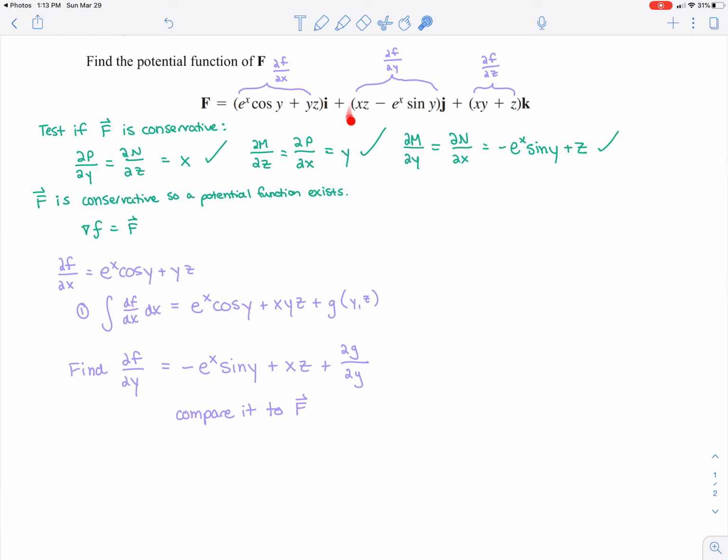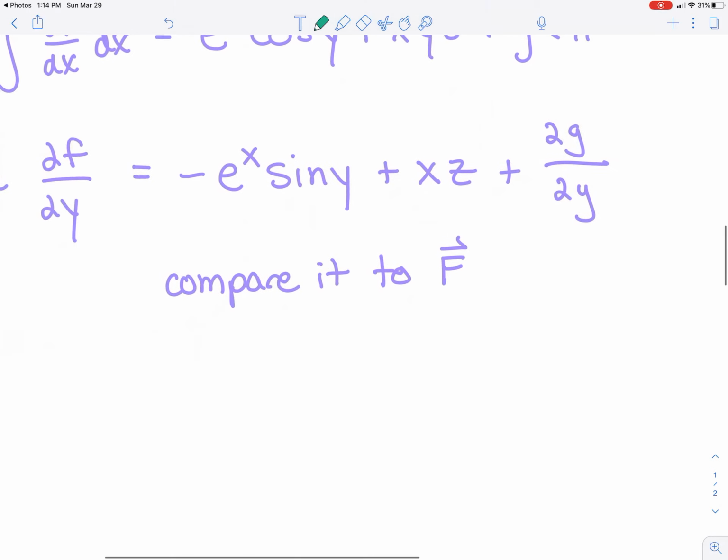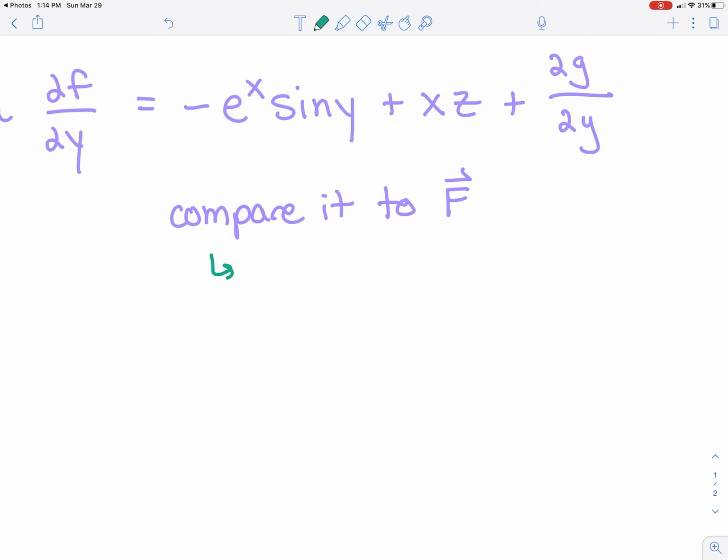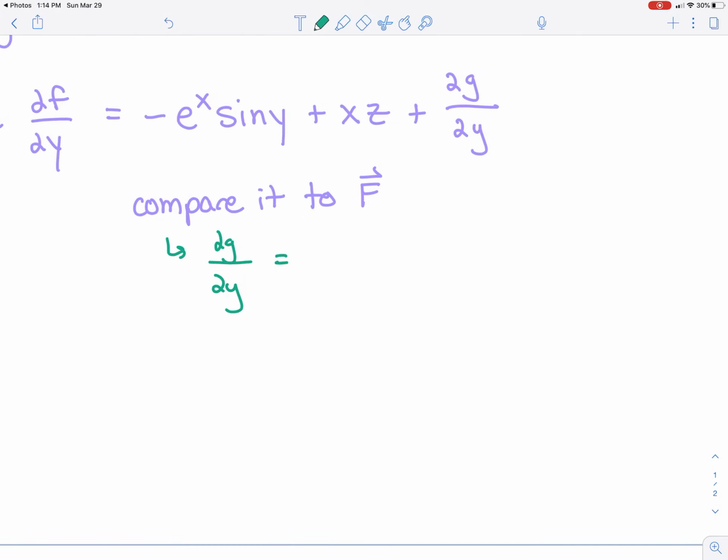In this case it's xz minus e to the x sine y. So this told us that the derivative of g with respect to y is equal to 0. So after comparing, we know dg dy, so that function in terms of y's or z's, must be equal to 0.